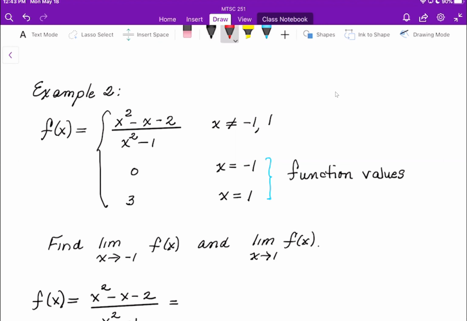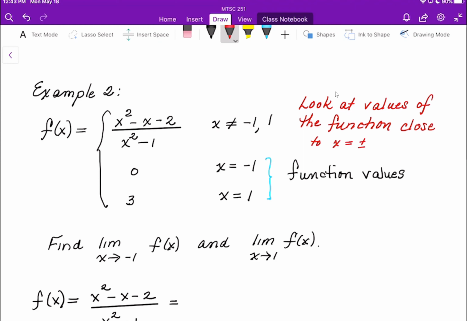So we're going to look at values of the function close to x equal to plus and minus 1, but not necessarily at those values.